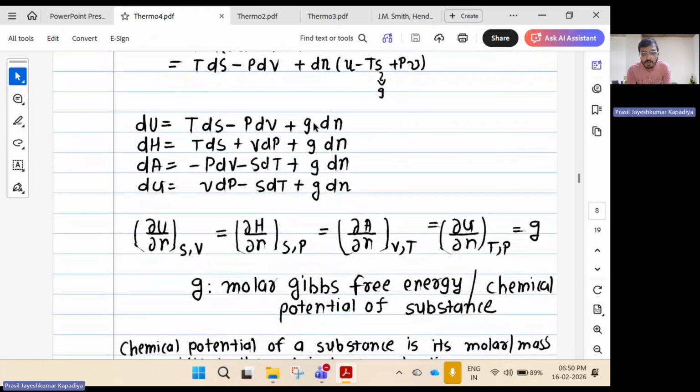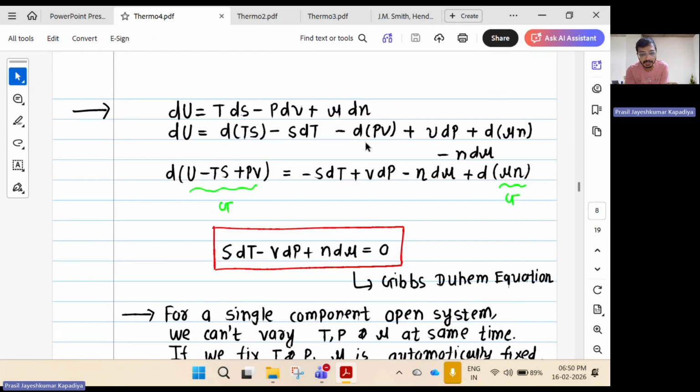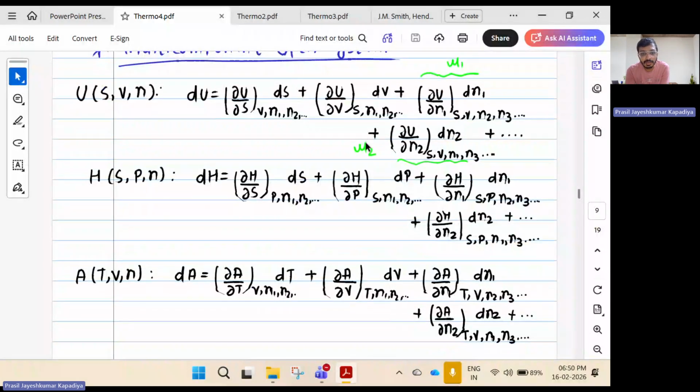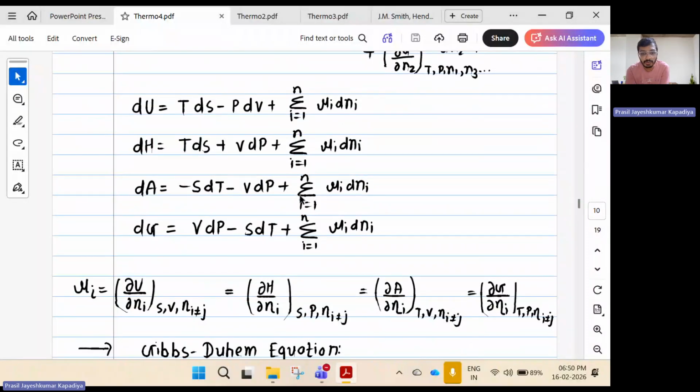I had to add this mu dN term in all equations. Now going from a single component open system to a multi-component open system, what do I need to do? Mu1 dN1 plus mu2 dN2 plus mu3 dN3 and so on. So I need to add this additional term, summation of i equal to 1 to n of mu_i dN_i.